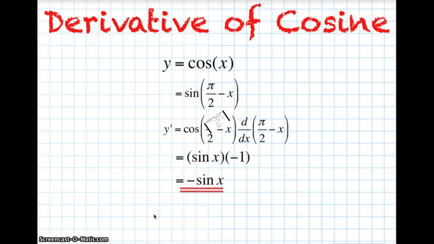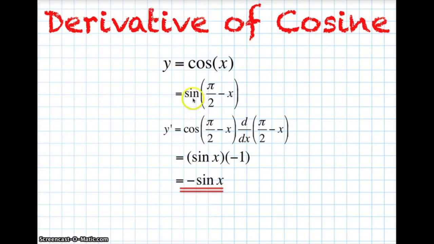So we know that the derivative of sine x is cos x. There's an easier way to find the derivative of cosine rather than using the first principles. So y equals cos x. And we know using the difference identity that cos x equals sine of pi over 2 minus x. So to find the derivative of this, we use the chain rule.